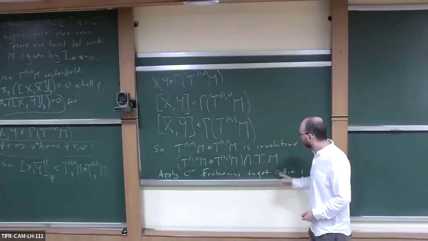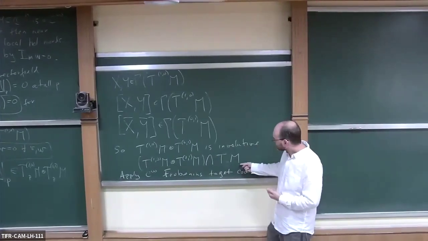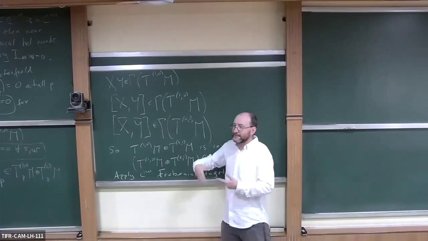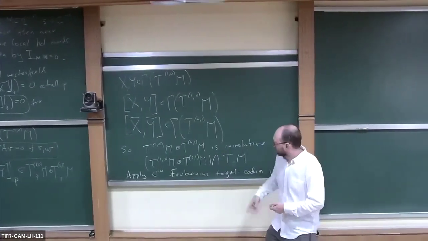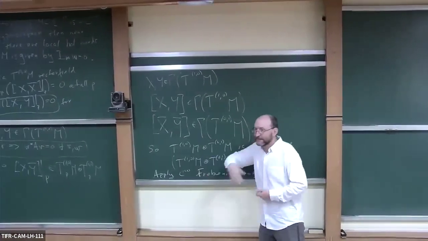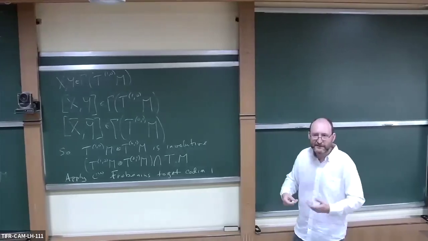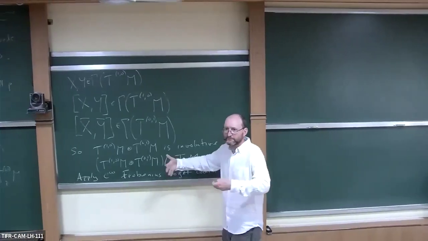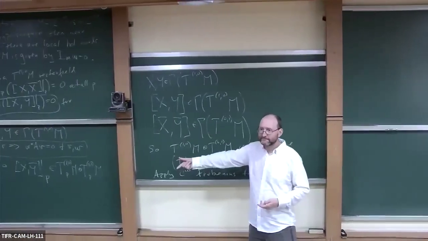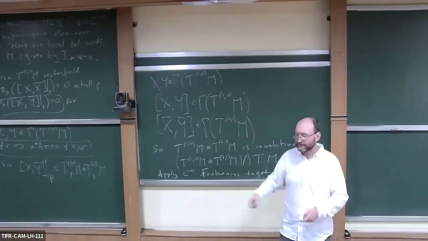At each point you get a real vector space, and it can be given, not naturally, but there are two choices, the complex structure of either this or this, right? But it cannot be split. You cannot write it as a direct sum of some natural object. To write it as a direct sum, you need to complexify, right? So this thing doesn't split. It only splits once you complexify, right?